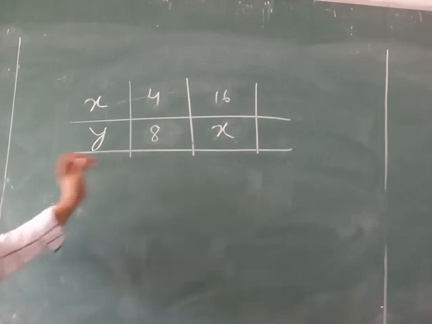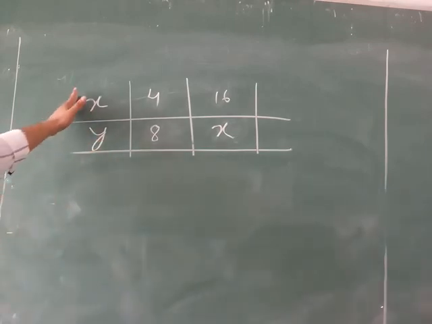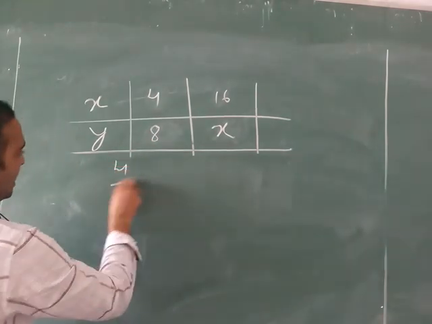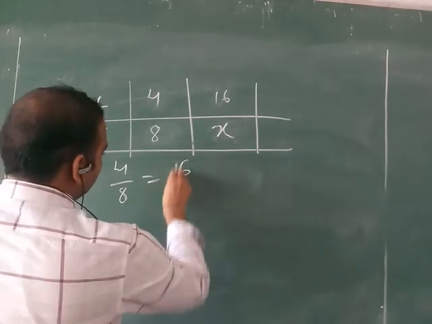And it is given that these two quantities are varying directly, that is, in proportion. This means ratios are constant.